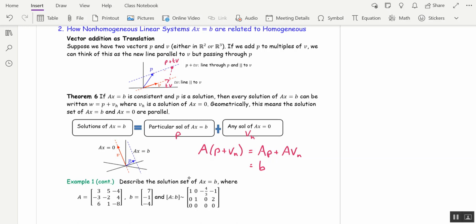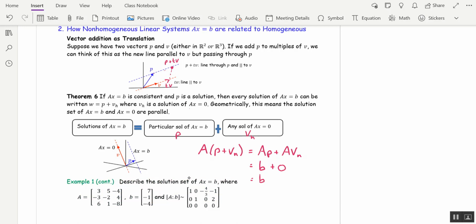And A vh is 0, because vh is a solution to Ax equals 0. So we're doing no harm by adding on any vh, because A is going to kill it. So we get b.